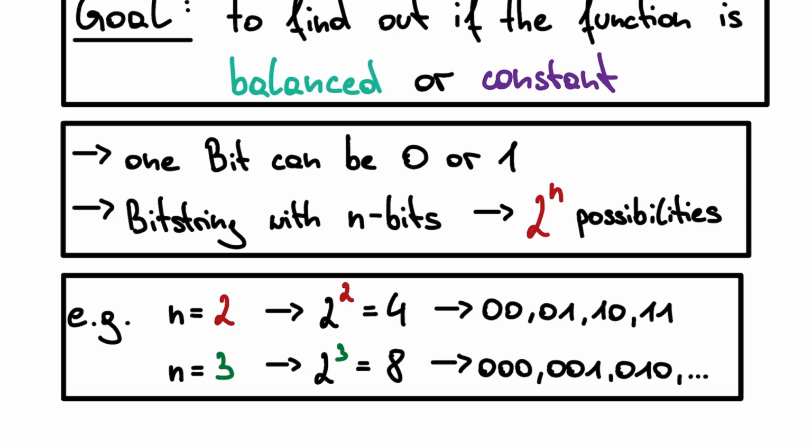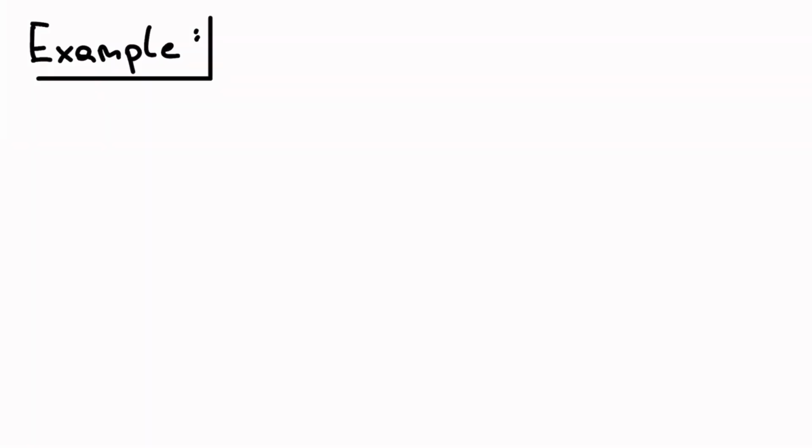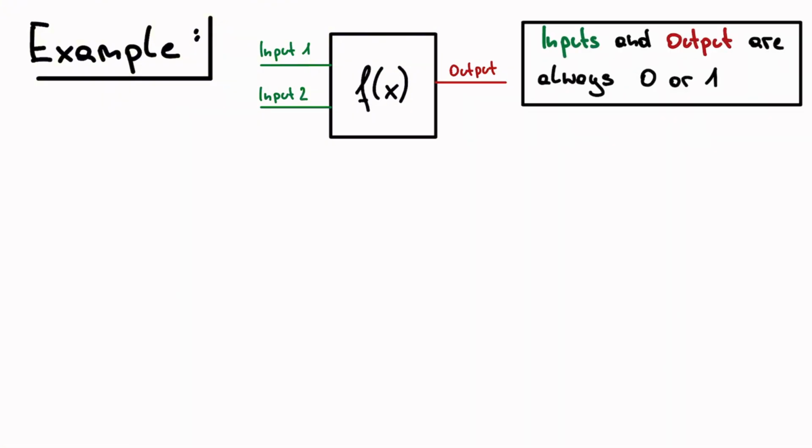And only after a certain number of tests, we can confidently say this function is constant or this function is balanced. Let me give you a concrete example again, just to make it clearer. We have the black box where a function f of x lives. It takes 2 inputs and returns 1 output, all of which are either 0 or 1.